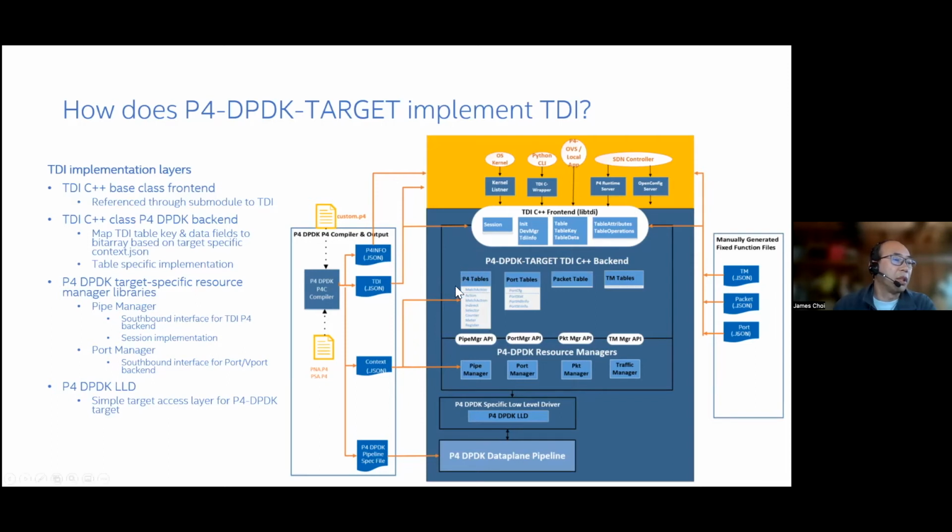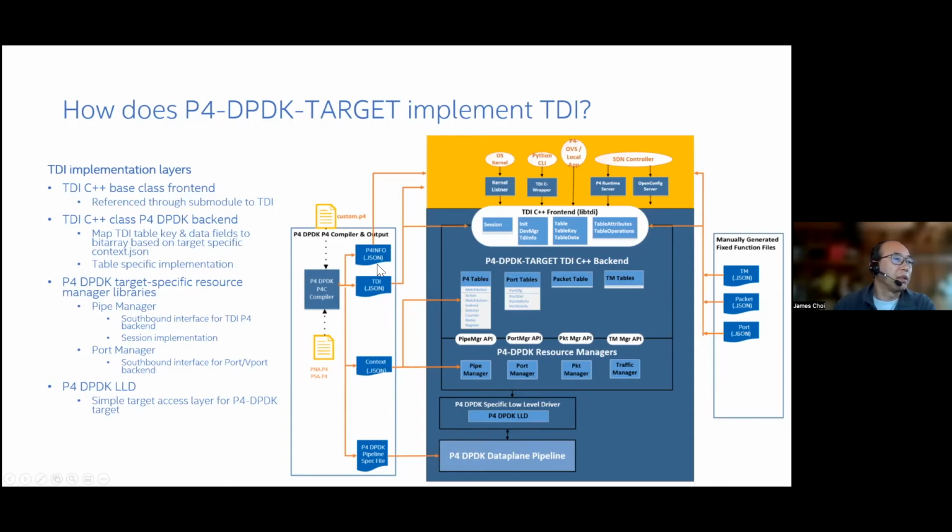So there are P4 tables, and there are port-related tables, and we're adding more types of tables in this layer. Underneath that layer is a resource manager layer, which does the mapping from the TDI onto the backend target configuration. And there's an LD layer, as mentioned before, that provides access to the target API.